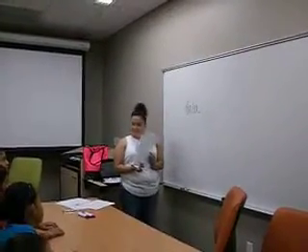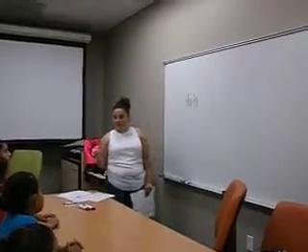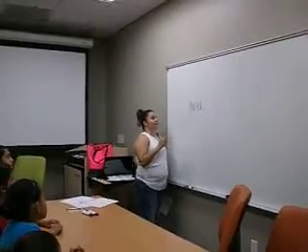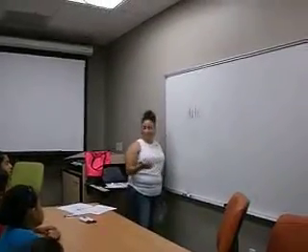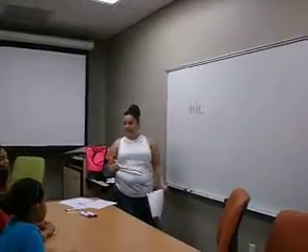Hello, class. Okay, today for our math lesson we're going to be talking about graphs again. When we talk about graphs, what is the main thing we need in order to create a graph? The data. Data, right. Can you tell me what data is?